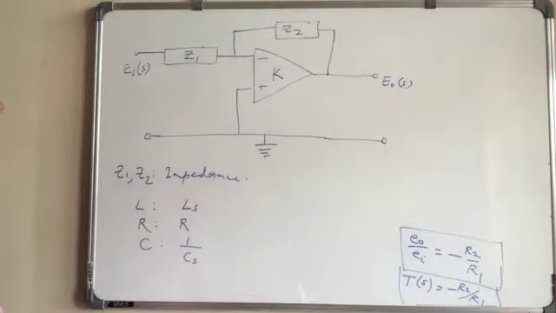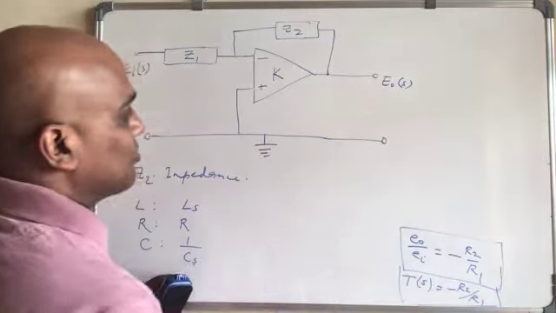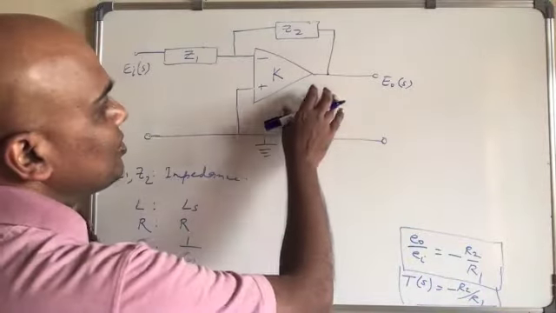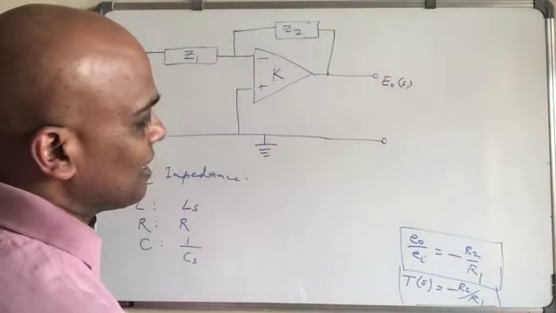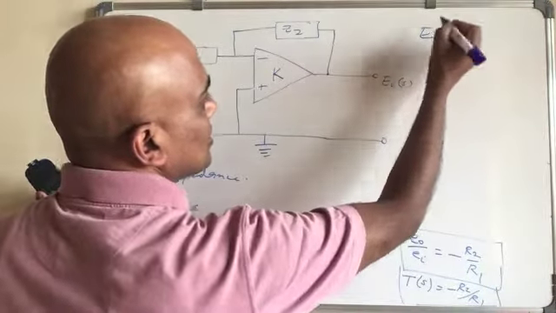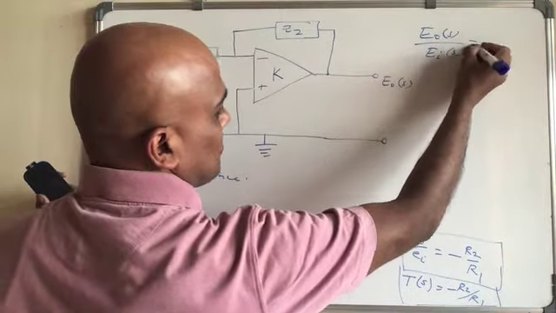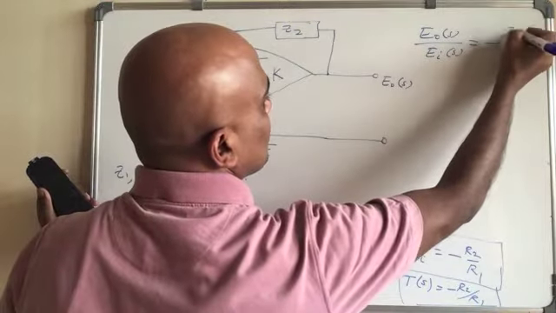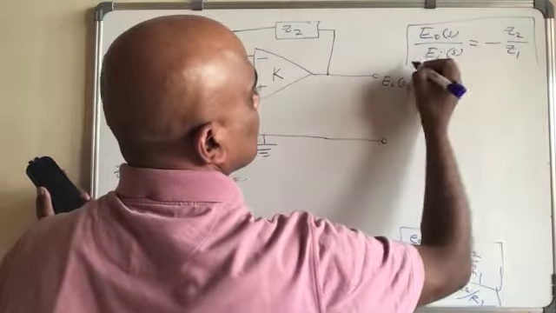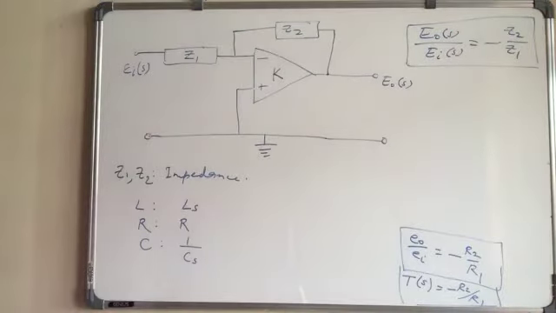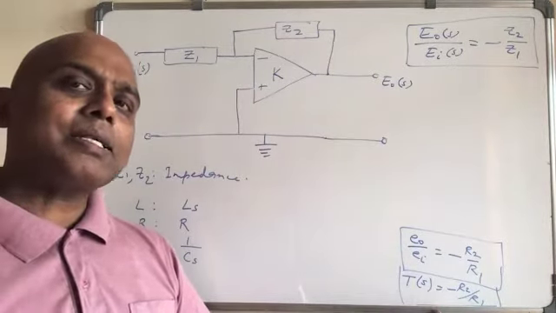Okay, so the transfer function, earlier what we got is Ts equal to minus R2 over R1. And here also you do the same analysis, exactly the same way. And you will find EOS over EIS will be equal to minus Z2 over Z1. This follows what we have written here. Exactly similar analysis.